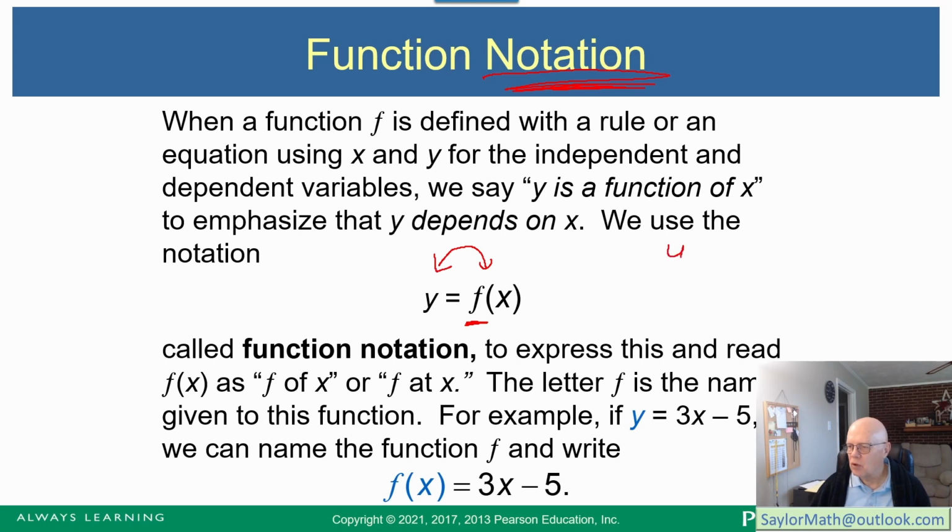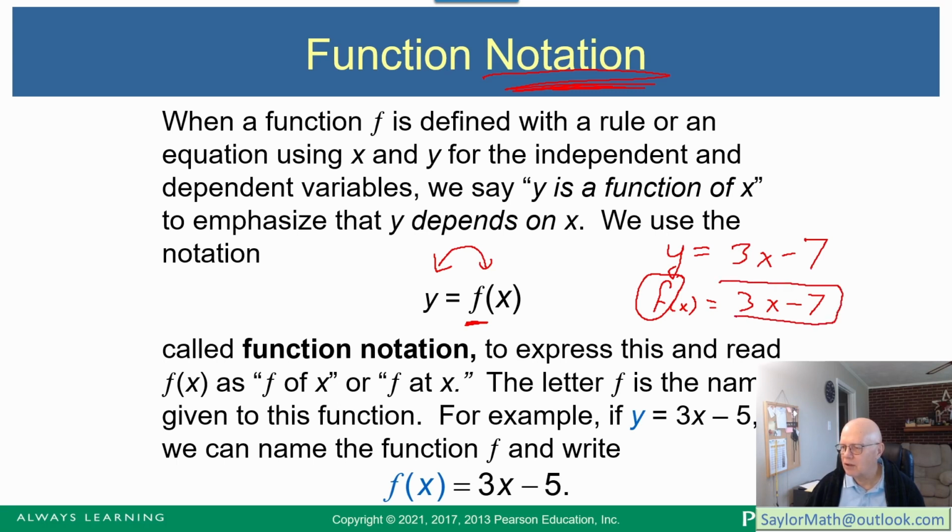So if you write y equals 3x minus 7, or if you write f of x equals 3x minus 7, you're talking about the same thing. The difference is that, first of all, this has a name. It's function f. Second of all, to get values of y, this is how you're going to calculate them.